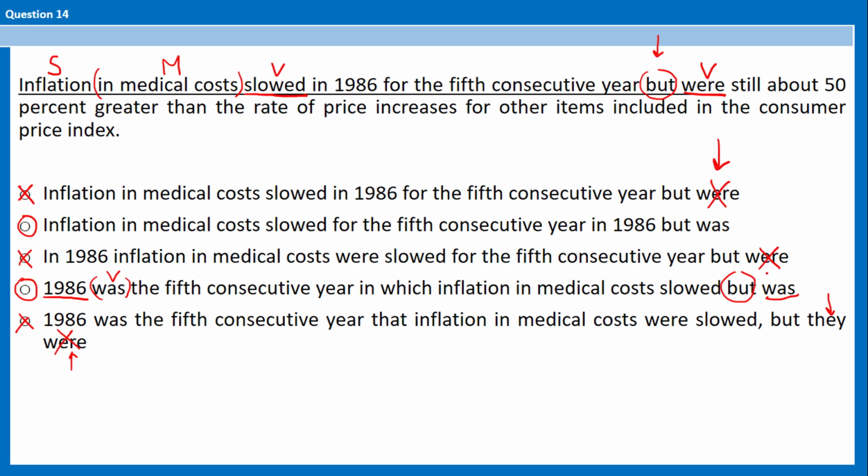And that's a problem because the subject is 1986. You're saying that 1986 was the 5th consecutive year and 1986 was about 50% greater. And that's wrong because inflation was 50% greater, not 1986. You eliminate number 4 and we stay with number 2.